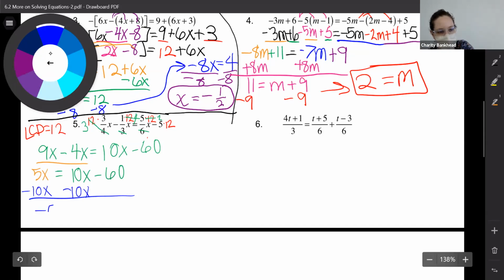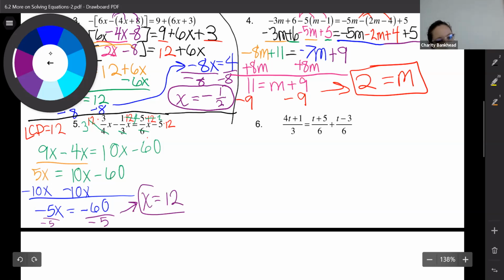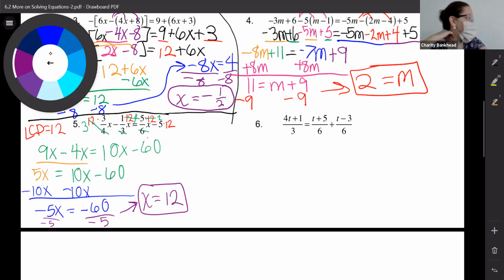So that would give me negative 5x equals negative 60. And then divide both sides by negative 5, which gives me x equals positive 12. All right, so far, again, all we've seen are conditional equations that just have a normal answer to them.